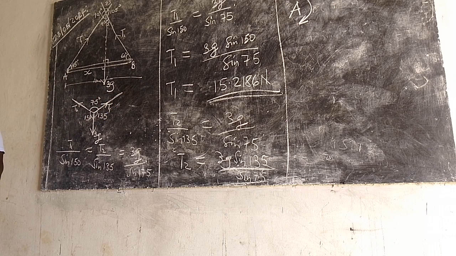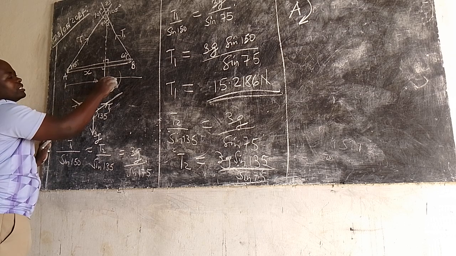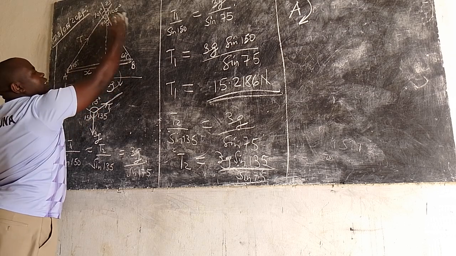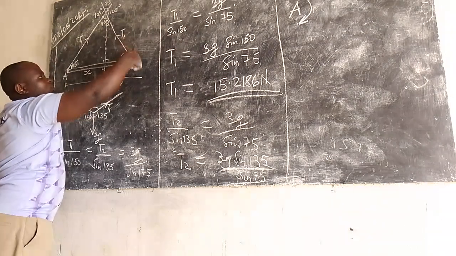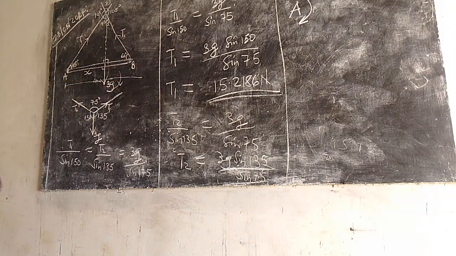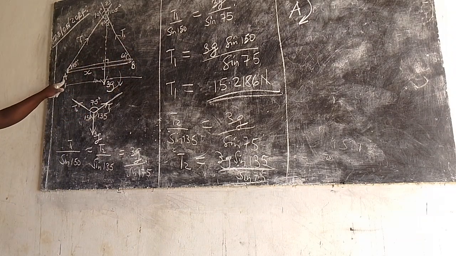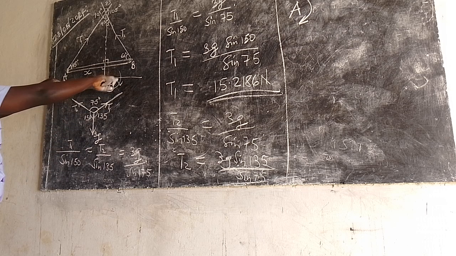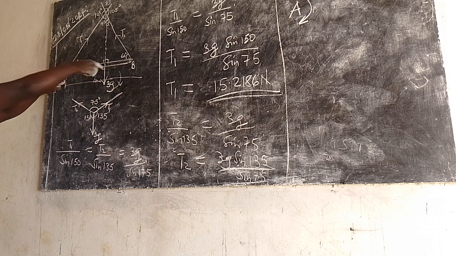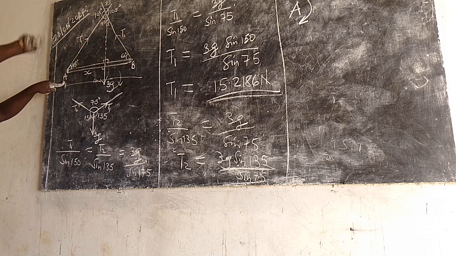So I'm taking moments at point A. This one will move this way, and when I bring this to stand here, it also moves that way. So at point A, this one is clockwise, and this one will be anti-clockwise.